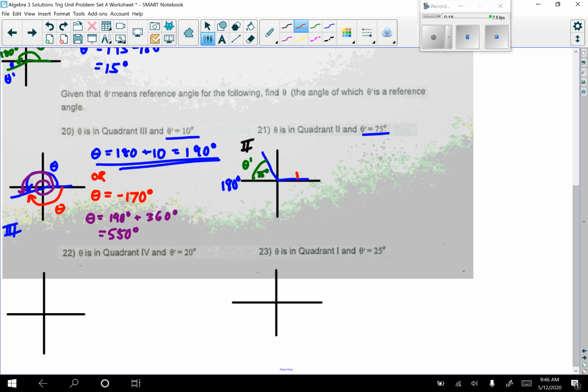So now to figure out what theta is going to be, again, the simplest one, making it just a positive angle measure, theta would give me 105 degrees. Again, we could go around and make a negative angle measure if you wish. You could go around one full circle and then add another 105 to that.